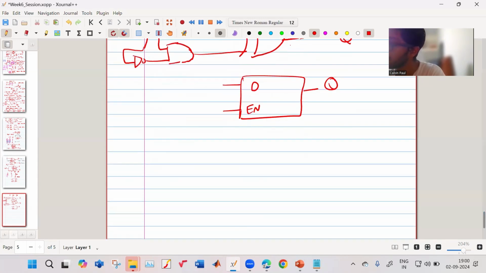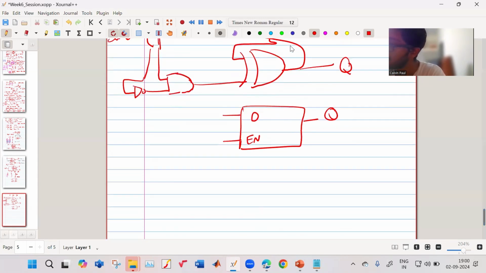So what is the truth table of this? If enable is 0 and D is 1 or 0, your Q will be Q previous.